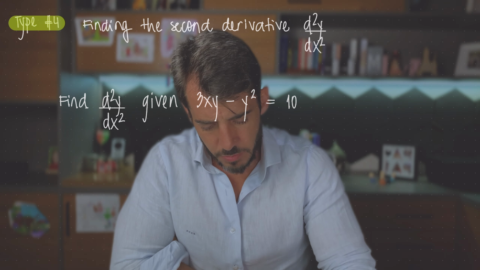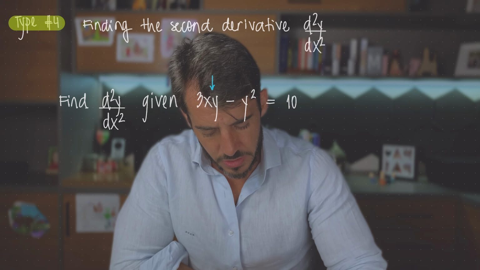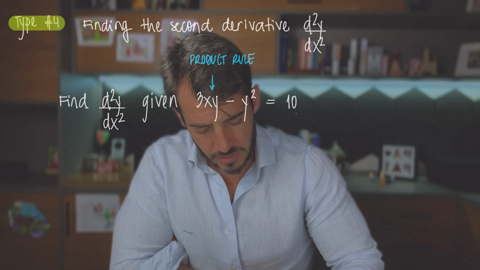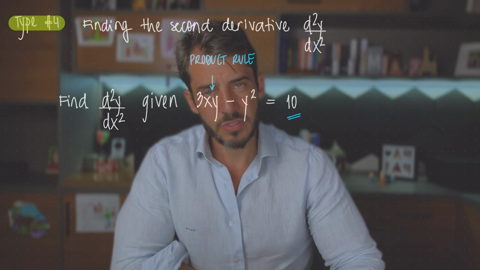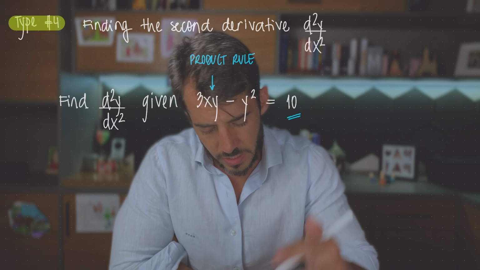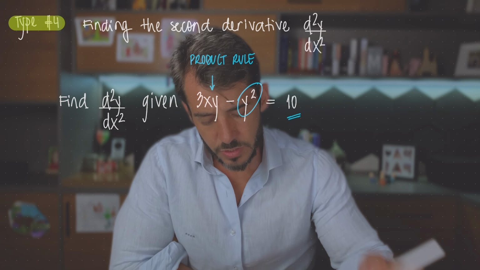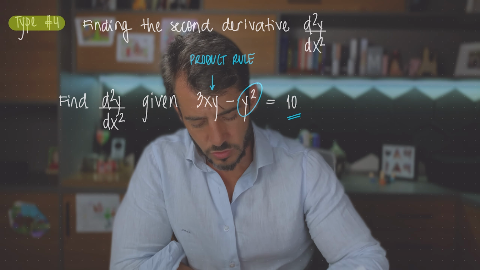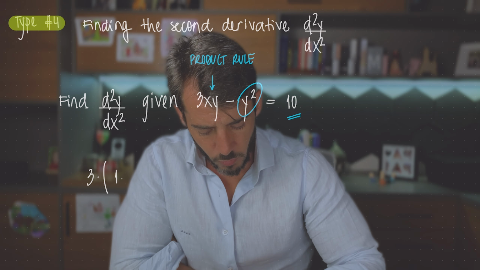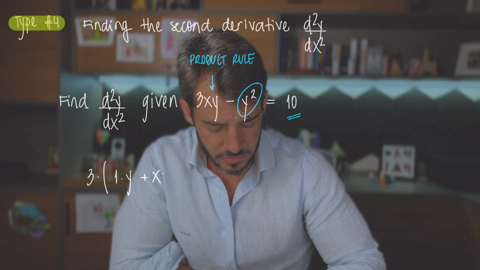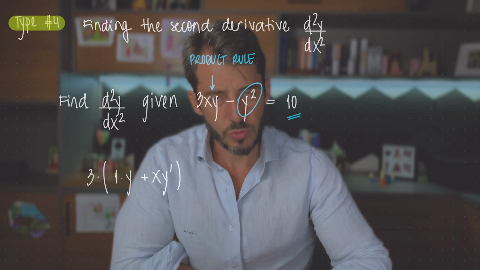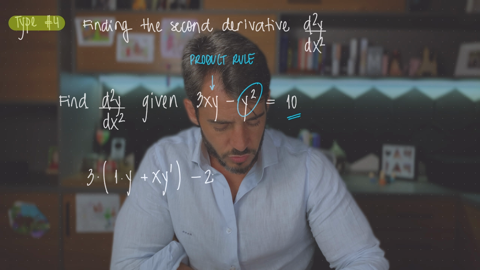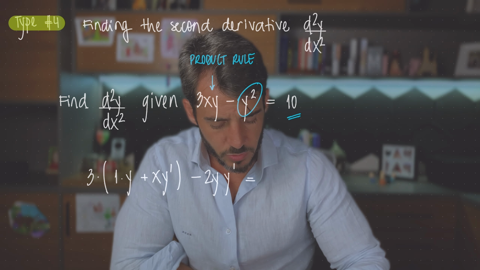So we have a product right here, which means that we need to use the product rule. 10 is a constant, so careful with this. The derivative of 10 is just 0. And we have the derivative of y squared over here, which is 2y dy dx. So we have 3 times 1 times y plus x y prime, the product rule being applied, minus 2y y prime equal to 0.